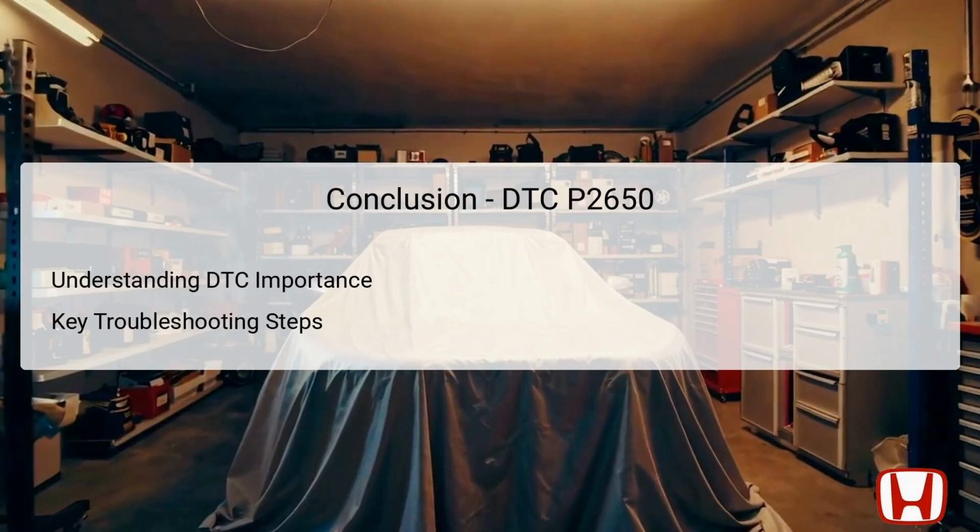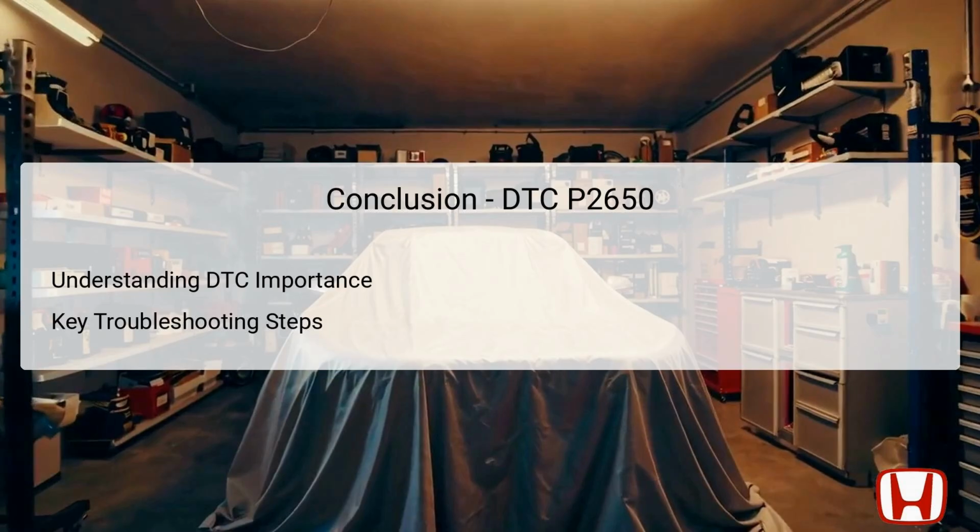In summary, understanding DTC P2650 is vital for maintaining the engine performance of the Honda Civic 2022 Plus. The rocker arm oil control solenoid plays a crucial role in the vehicle's variable valve timing system, impacting engine efficiency and emissions. A systematic approach to troubleshooting, including voltage checks, inspection of wiring integrity, and evaluating the PCM's condition, is essential to accurately diagnose and address the issue.